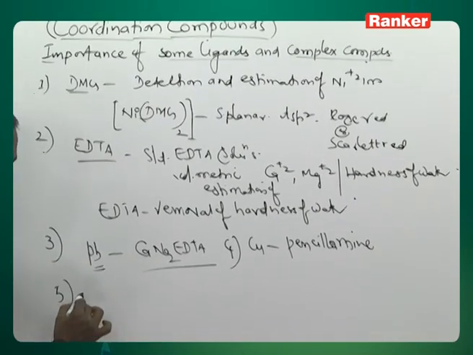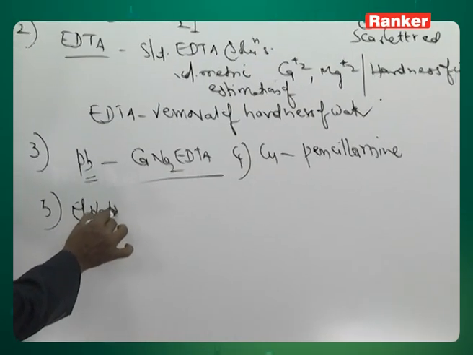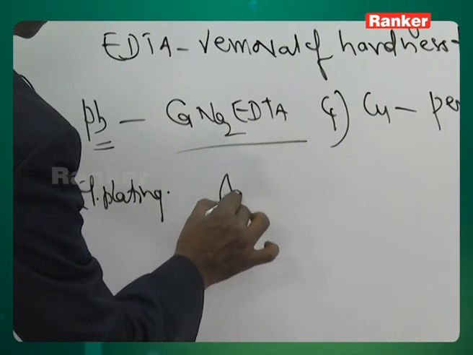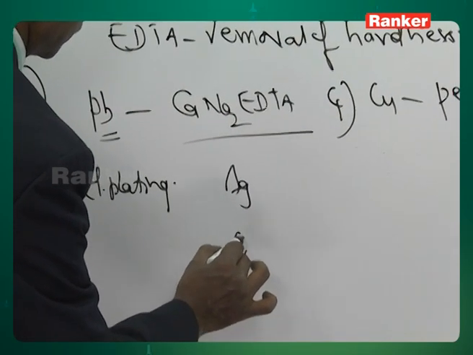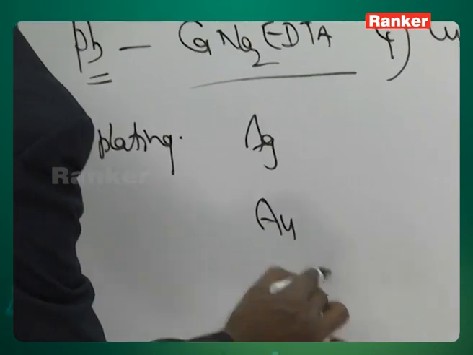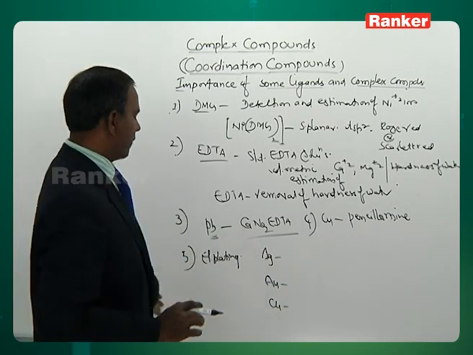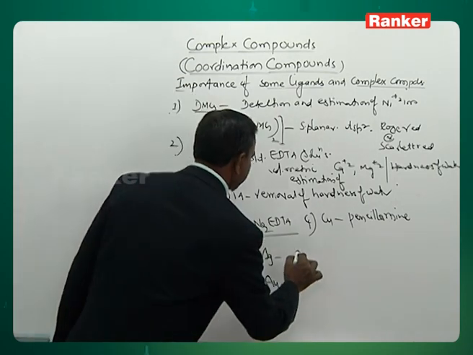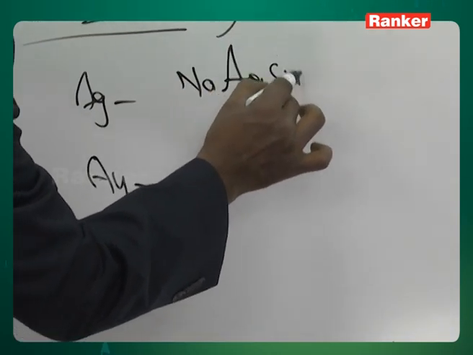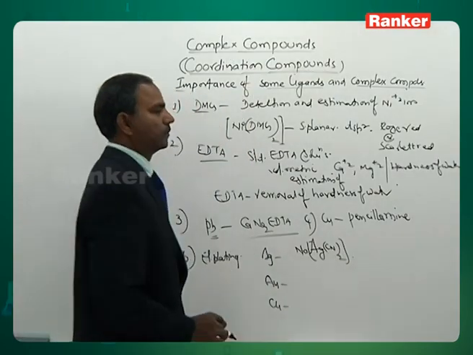Next, in electroplating of silver, electroplating of gold, and electroplating of copper, we use particular complexes. Na Ag(CN)2 is used for the electroplating of silver.